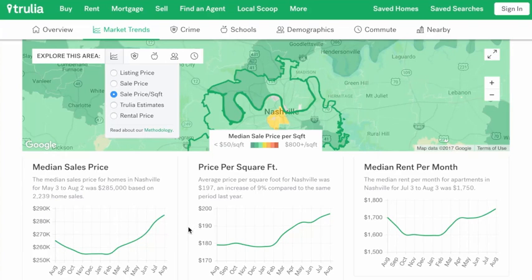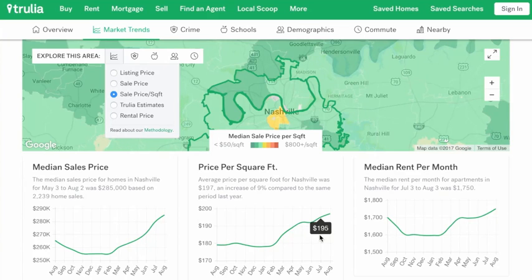So what does that tell us? It tells us it's a seller's market, right? And you can even read this data here. It says average price per square foot for Nashville was 197. It's had an increase of 9% compared to the same period last year. So it's gone up 9%. What if this trend went the other way? Well, that would tell us we're a buyer's market. What if it was flat? Well, it would tell us where the trends are.